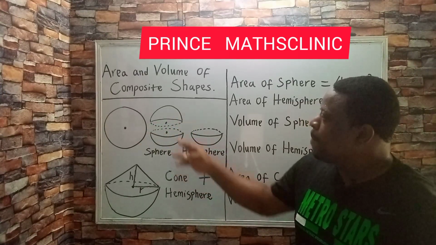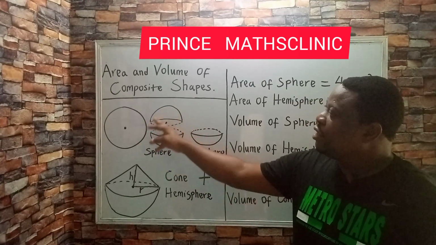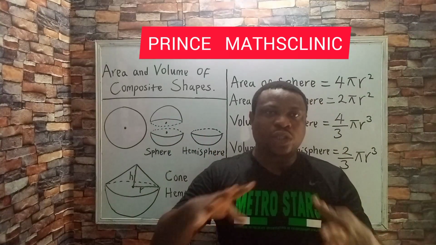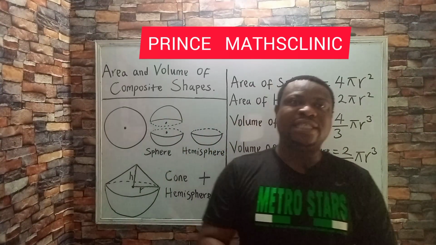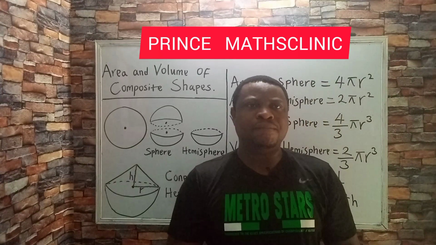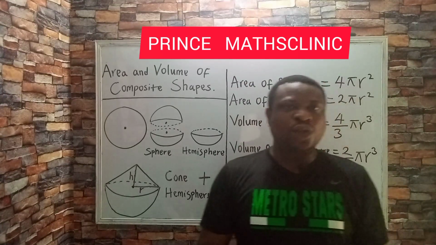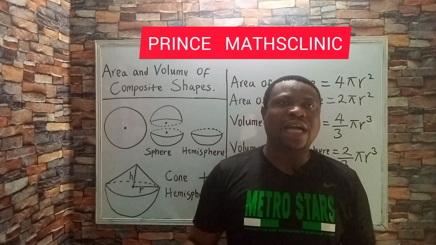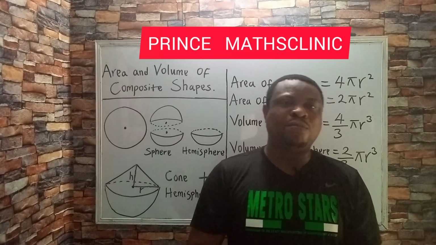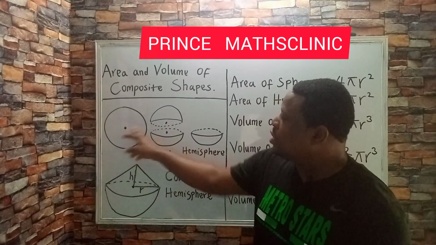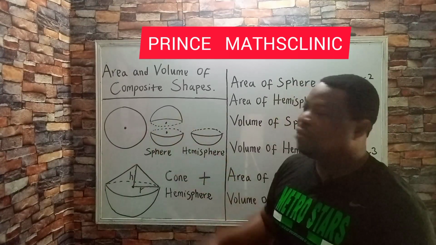What's a sphere? A sphere is a shape that looks like a ball or an orange, or even the earth itself is a sphere, right? And a sphere is a solid bounded by all points that are at a given distance from a fixed point. That fixed point is actually the center of the sphere.